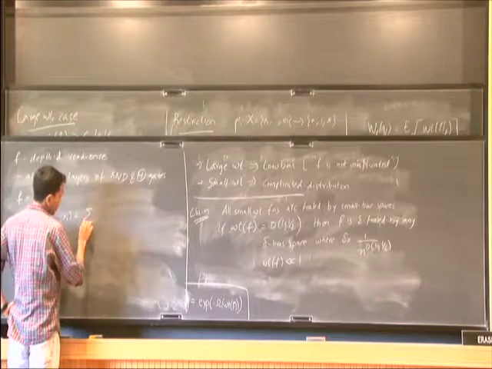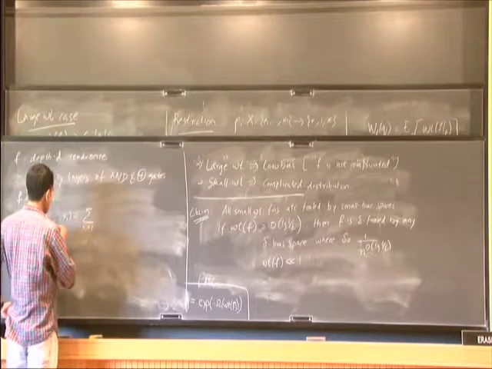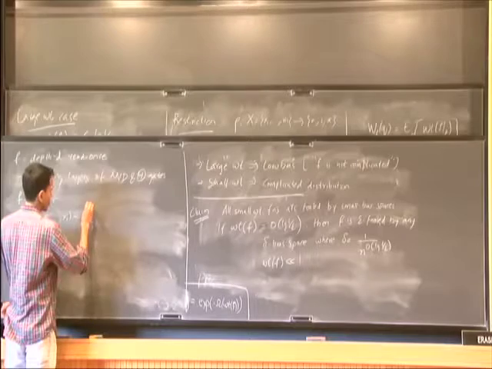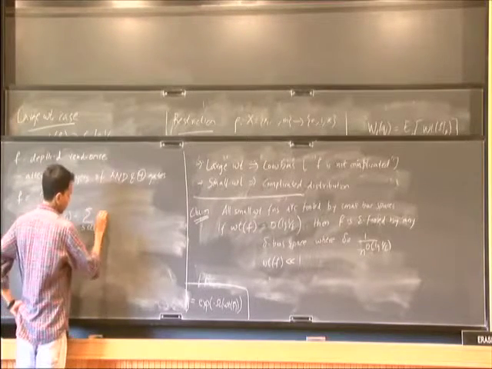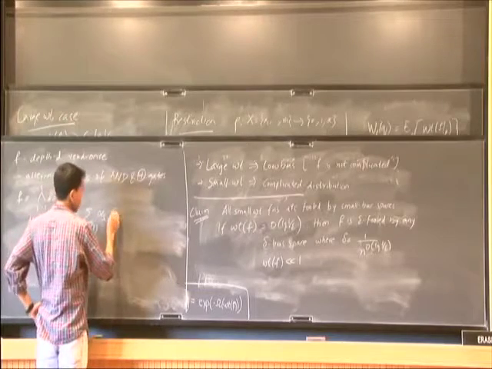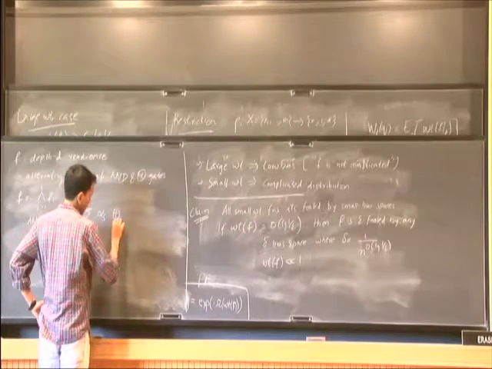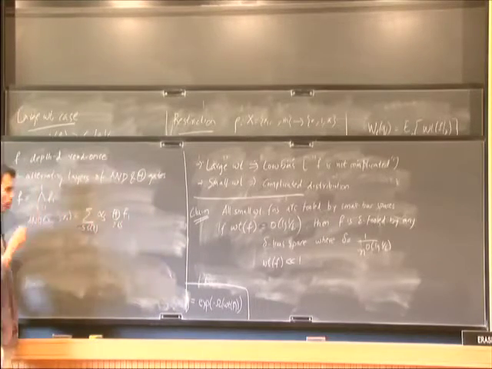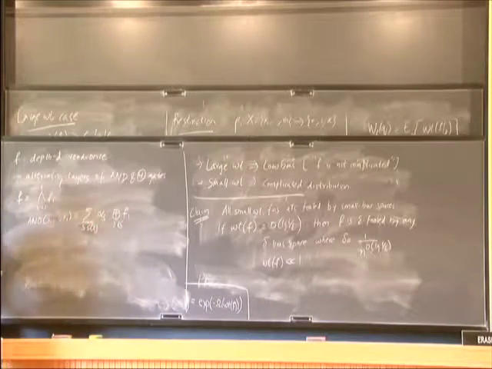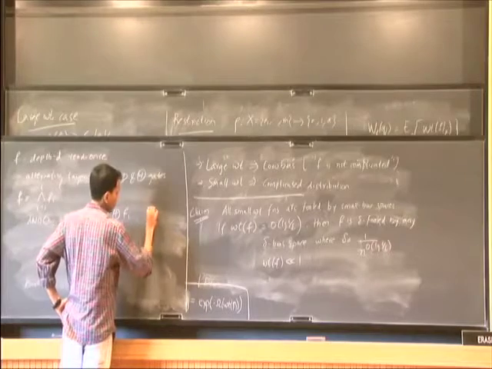So it can be written over the reals as a low weight combination, over S subset of t, of the parities. So what do I mean by low weight here?